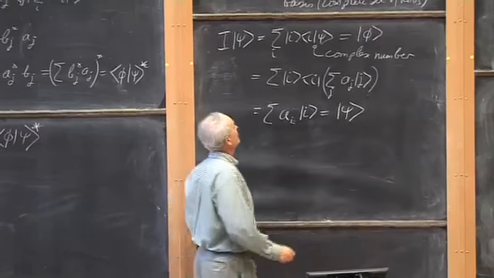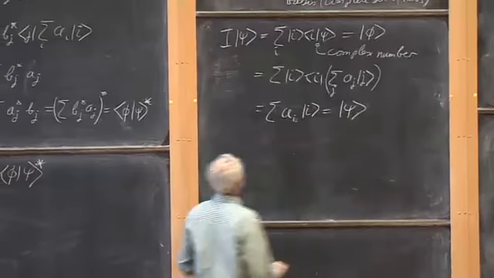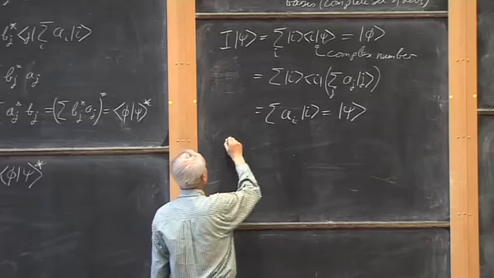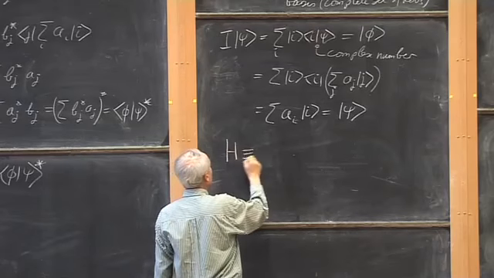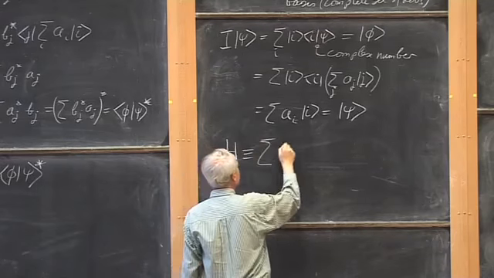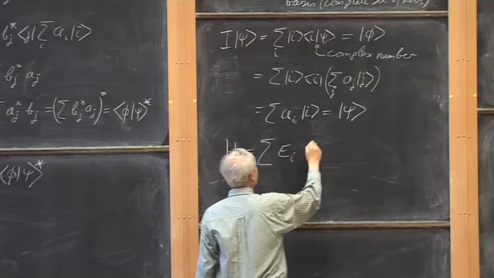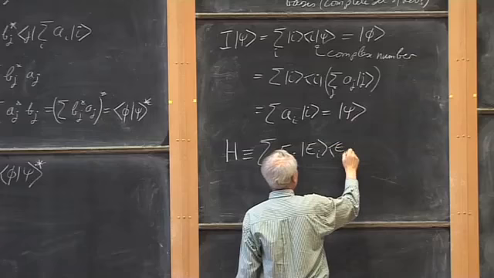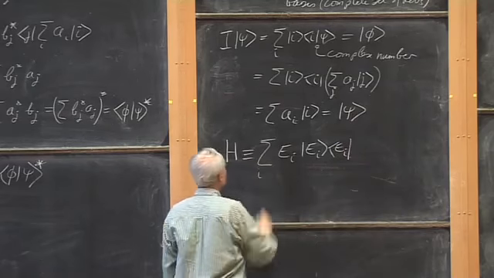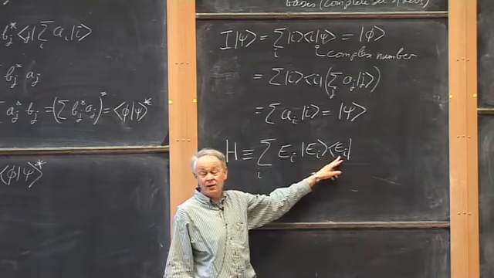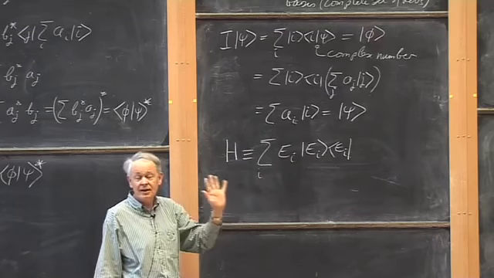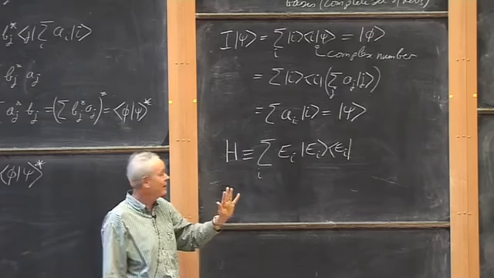Now let's introduce a sexier operator, in fact, the most important operator in the universe. We're going to introduce H, which is by definition the sum over i of Ei |Ei><Ei|. So these are the states of well-defined energy, and the numbers Ei are the possible energies. They're the spectrum of the energy operator.